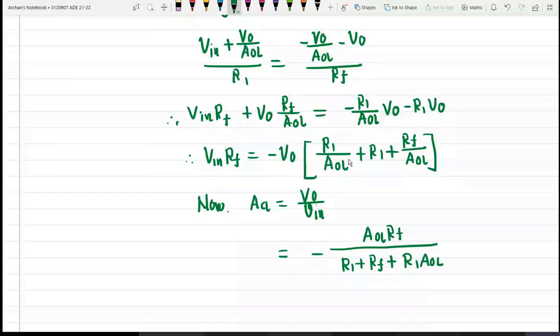This is the exact expression for closed loop gain in the case of a practical inverting amplifier.